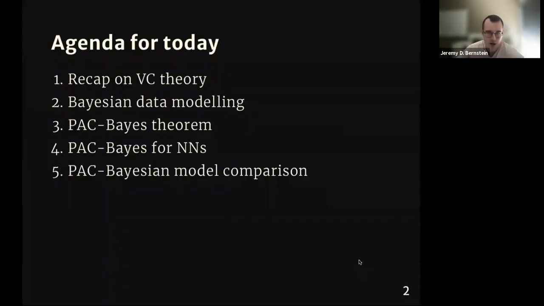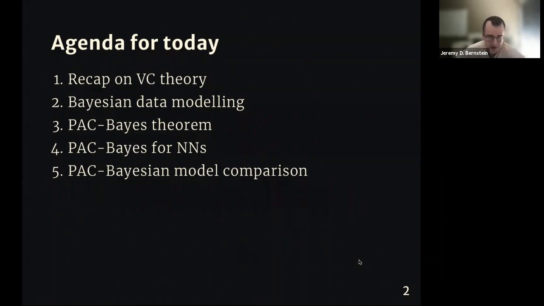So I'm going to start out by recapping a few of the points from last lecture about VC theory. Then we're going to talk about Bayesian data modeling, which is one general approach to machine learning and data analysis. Then we're going to look at PAC-Bayes, which is basically an attempt to convert these ideas into a generalization theory.